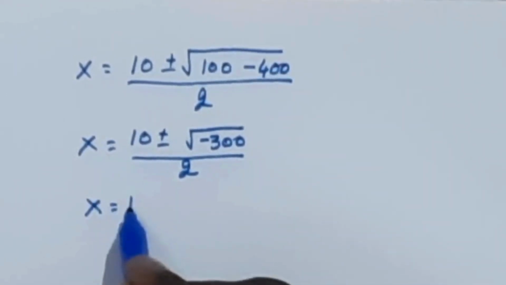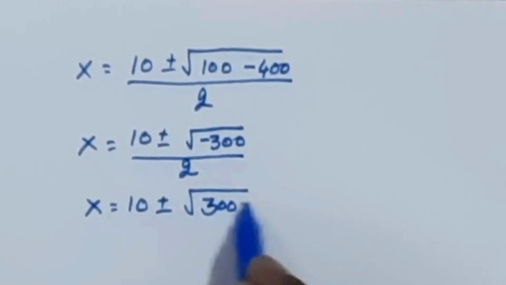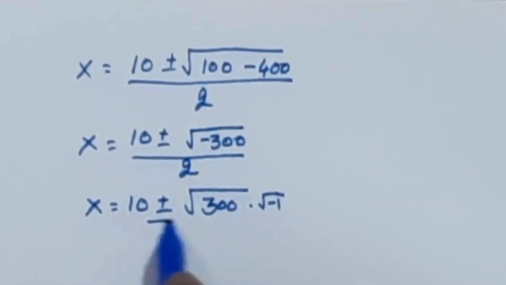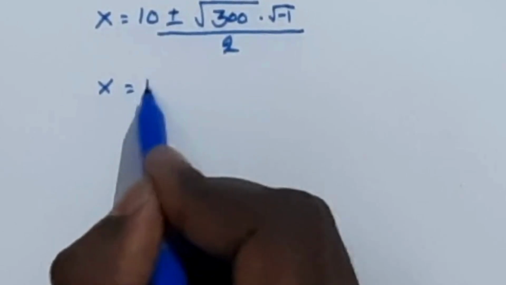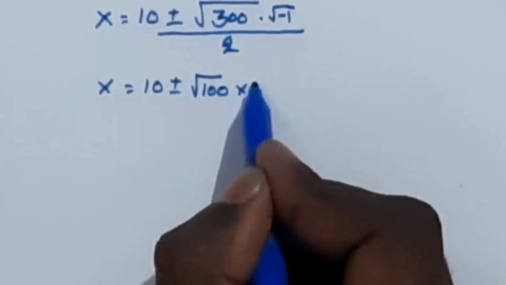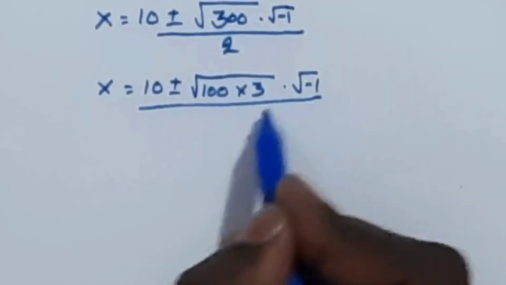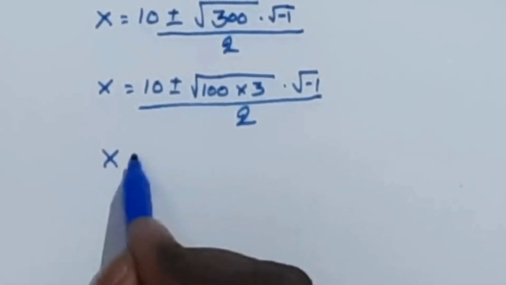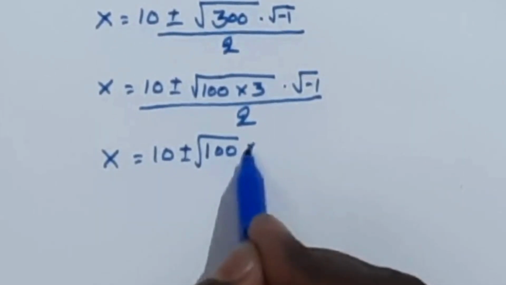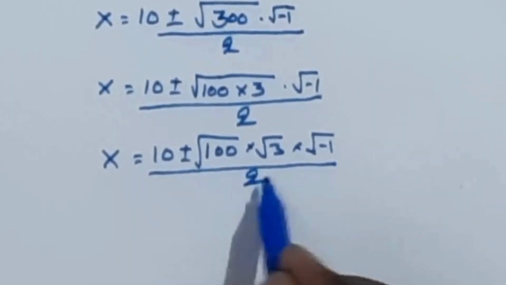Now x equal to 10 plus or minus square root of 300 times square root of minus 1, by 2.